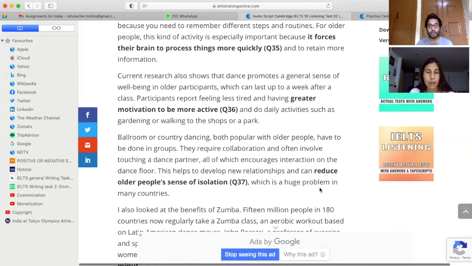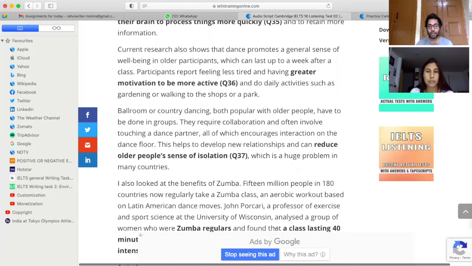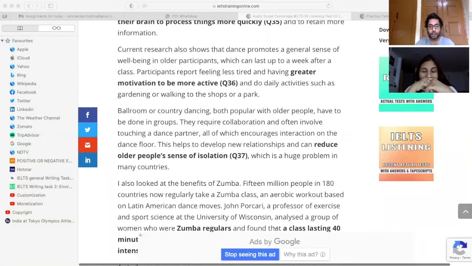Okay. Yeah. Isolation. Can reduce older people's sense of isolation. Okay.